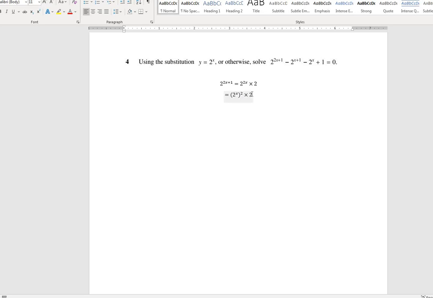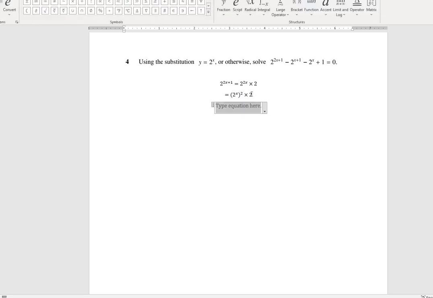The reason I'm writing it this way is so that we can write this 2 to the power of x in terms of y. So we will get y square times 2, which is equivalent to 2y square.